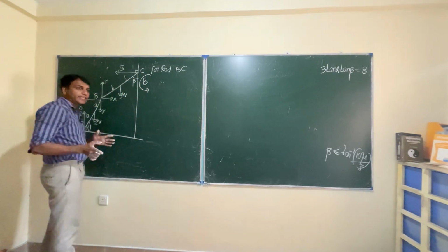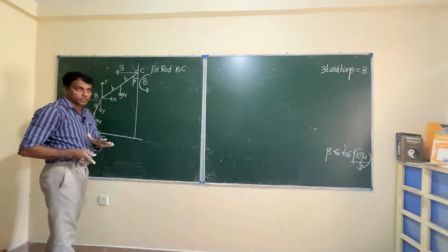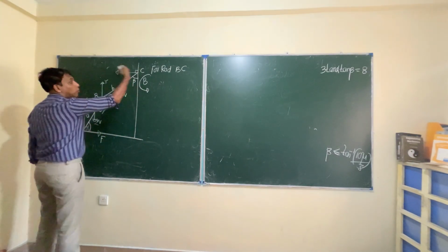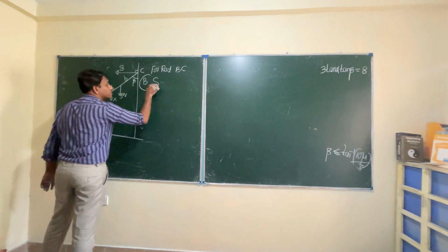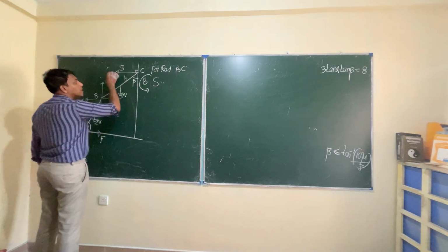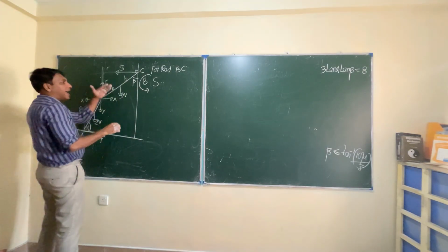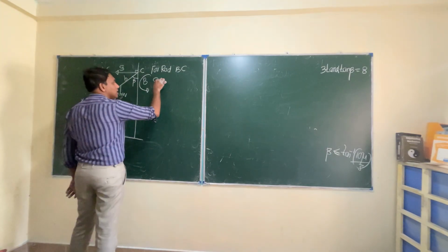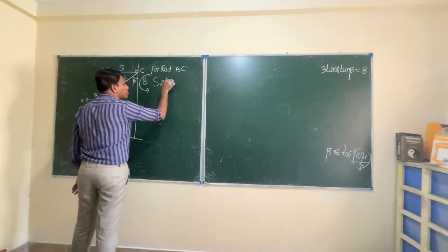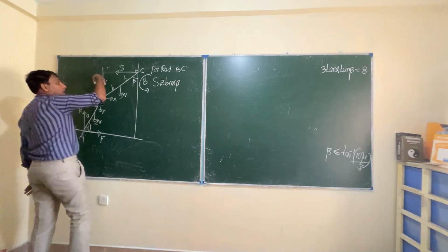Moment means force into perpendicular distance. So the force is S. What is the distance? The line of action is 2b cos beta, this side.